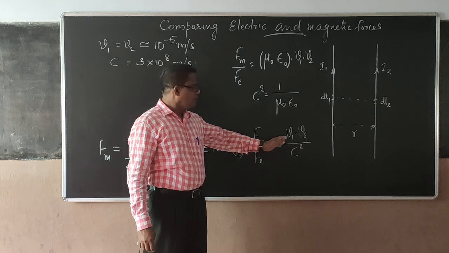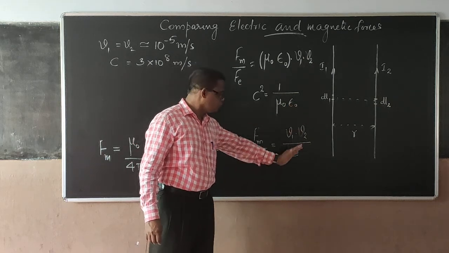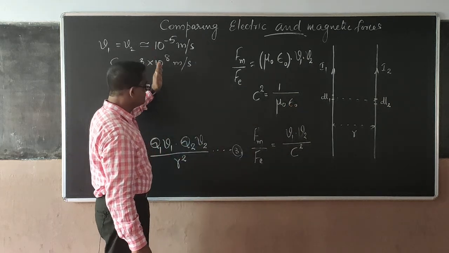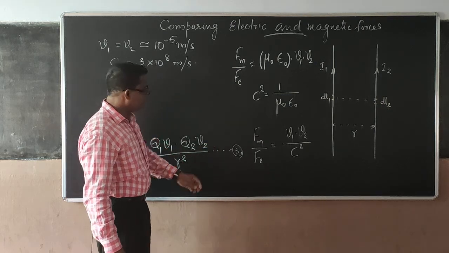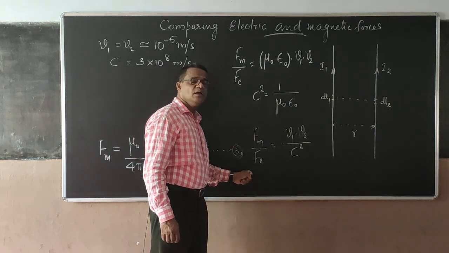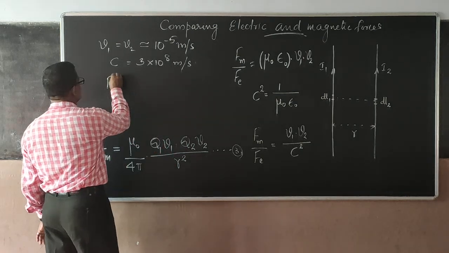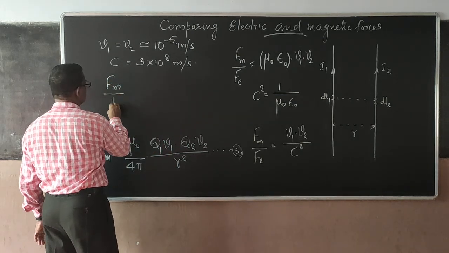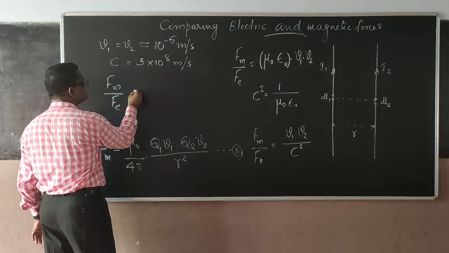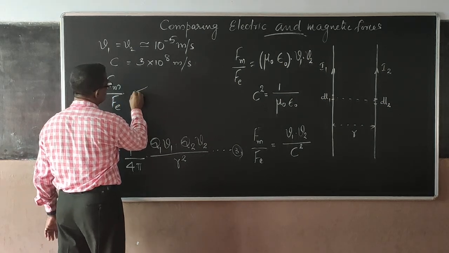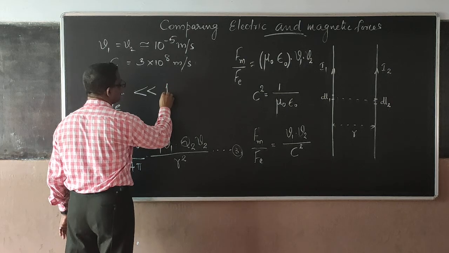So when I take V1 into V2 by c square with these values, you will get Fm by Fe very, very small compared to 1. That is, Fm by Fe is very much less than 1.